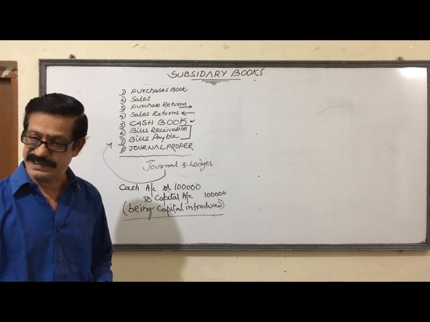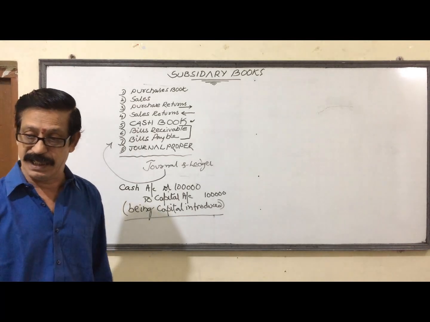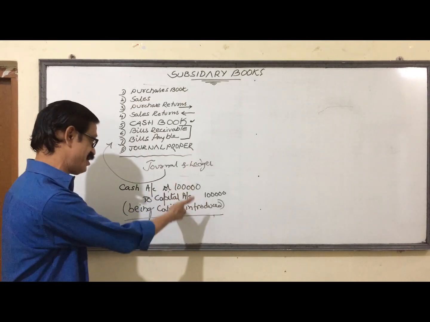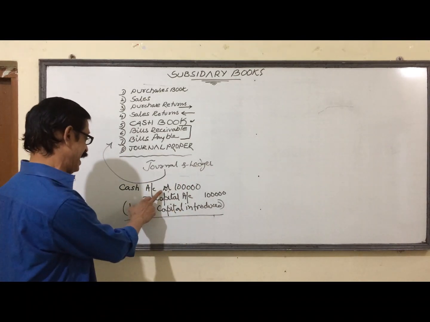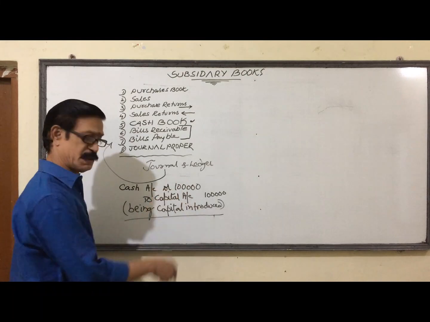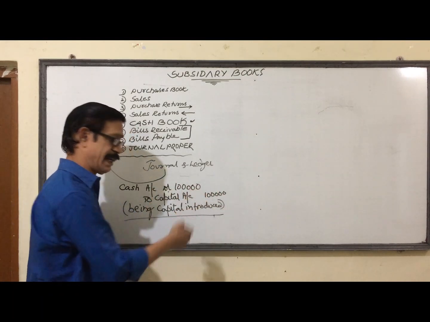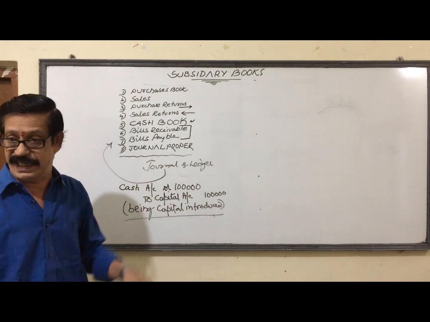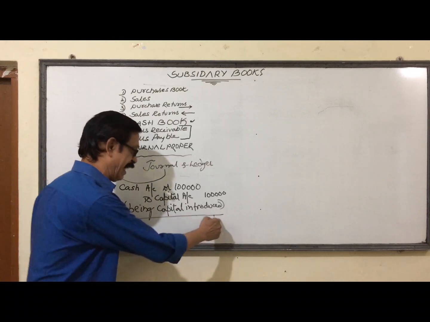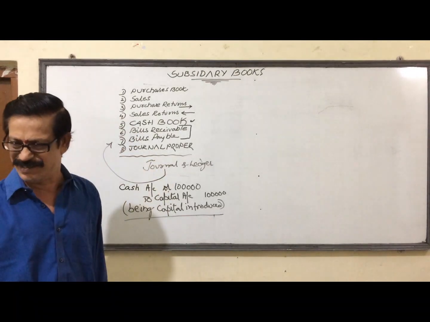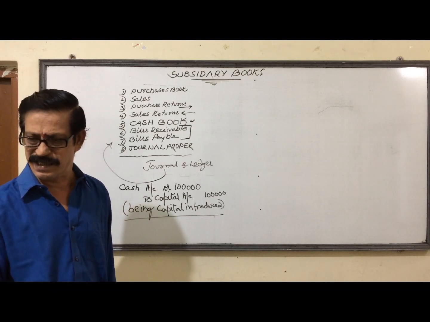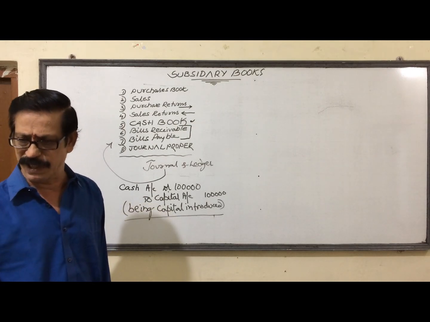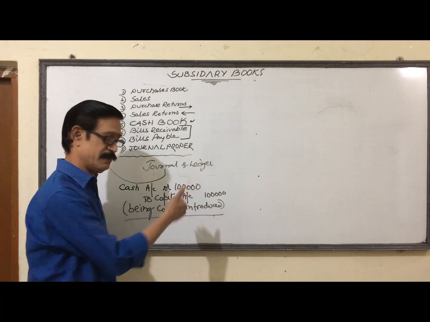Whenever a transaction happens, we enter it in the form of a journal entry. There is a debit aspect, a credit aspect, debit amount and credit amount, and within brackets narration, and then it is underlined. This is all time waste only. We just received cash in the form of capital, but we are entering in this form.